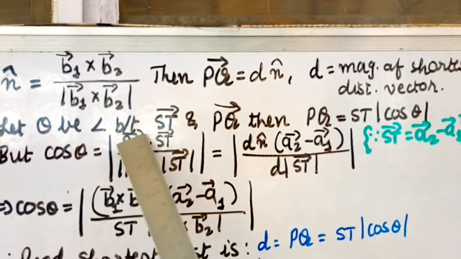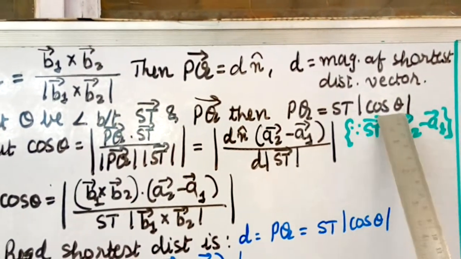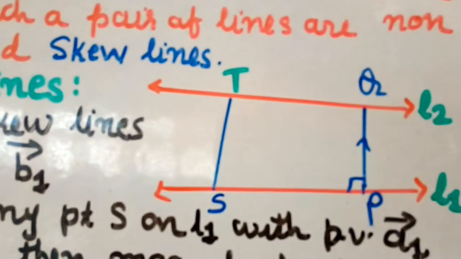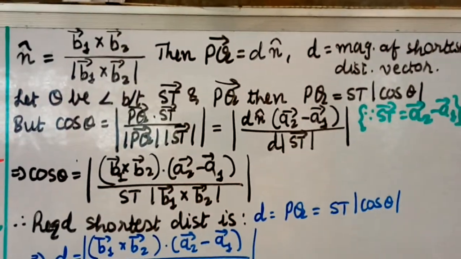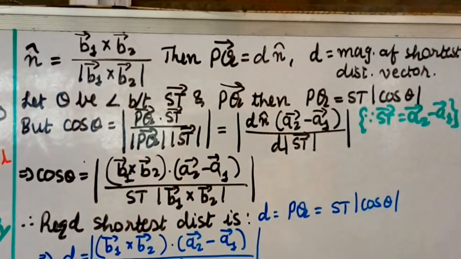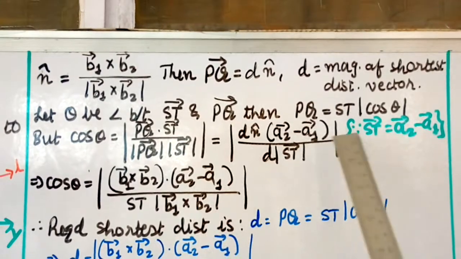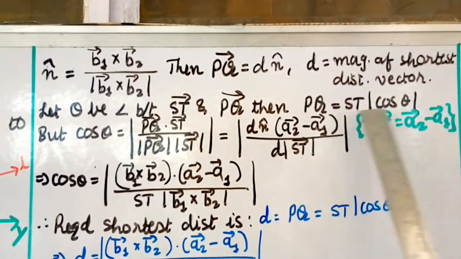Let theta be the angle between ST and PQ, then PQ is equal to ST cos theta. Using the previous formula, we write PQ equal to ST cos theta.